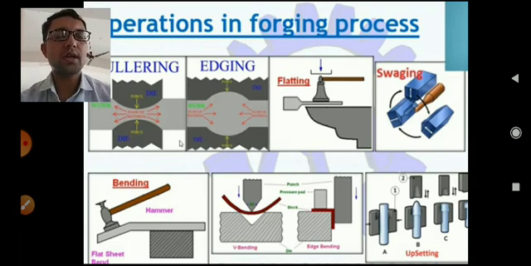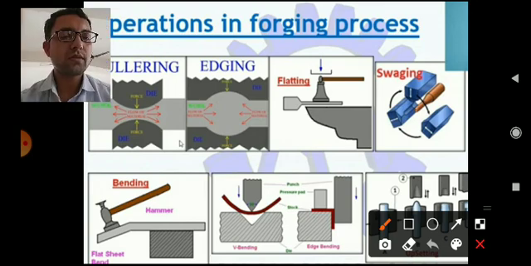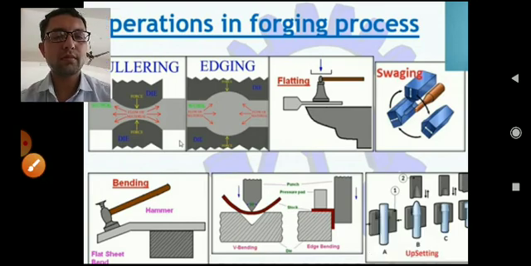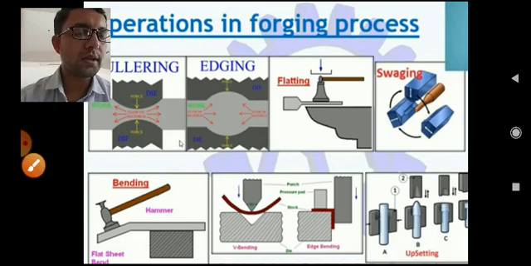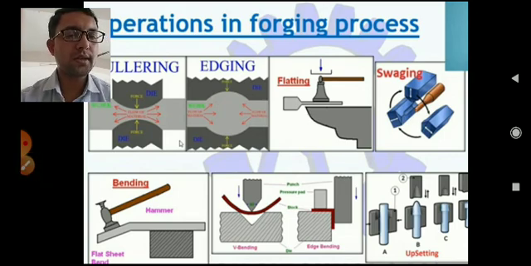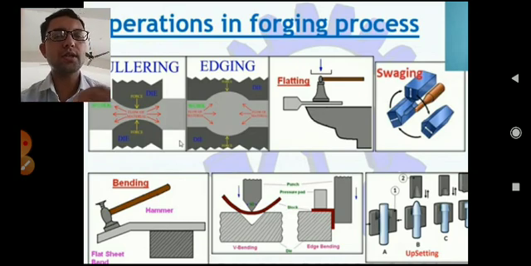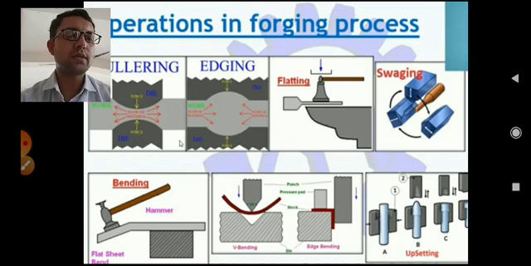If you see here in the last picture, there is a simple metal block, and if we apply forces from the upper side, it will change its shape as per the forces, and that is upset forging. Upset means the cross-sectional area is increasing from some edges. Okay, so that is also a type of forging.